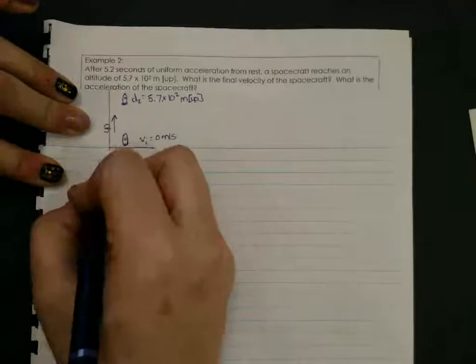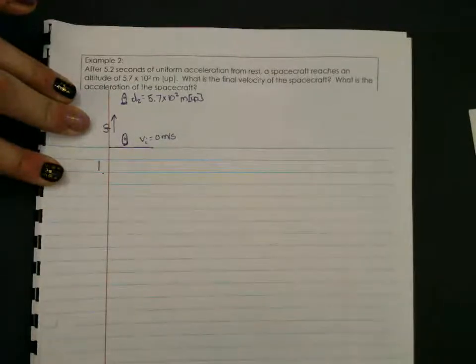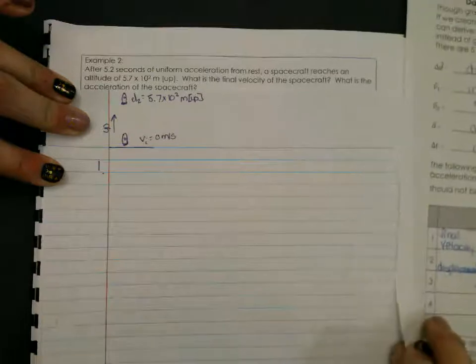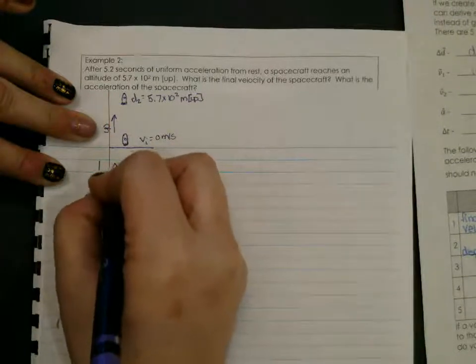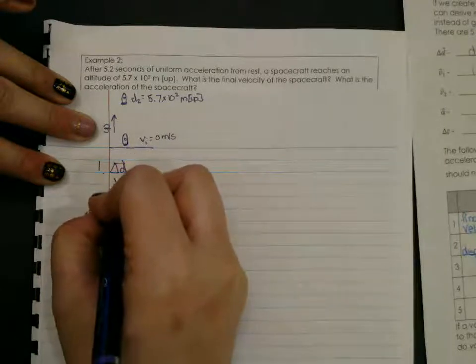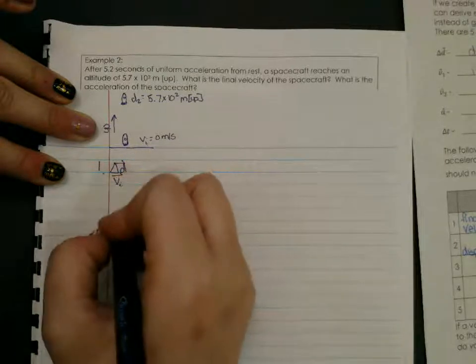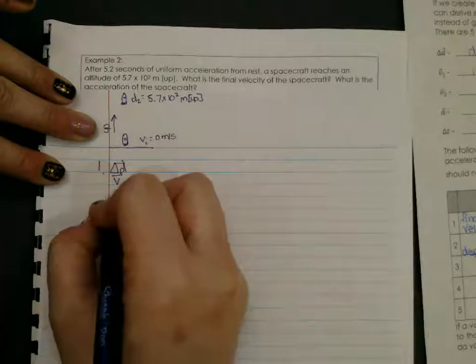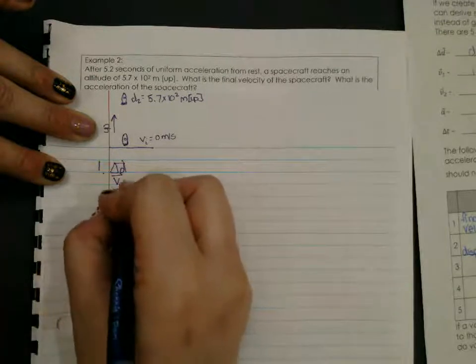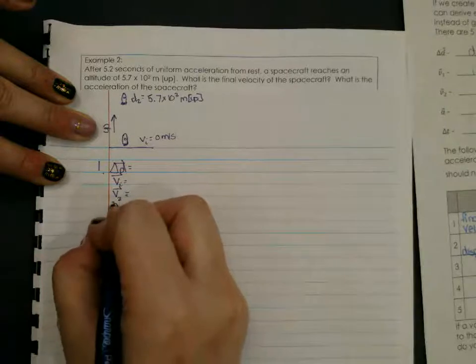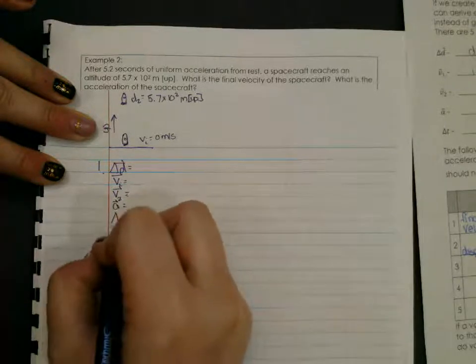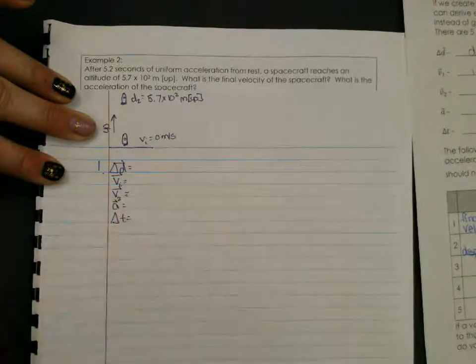So step 1 is to write out our kinematic variables. So our kinematic variables are displacement, initial velocity, final velocity, acceleration, and change in time.